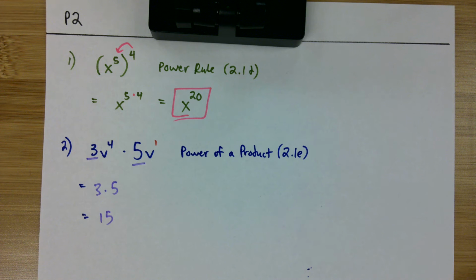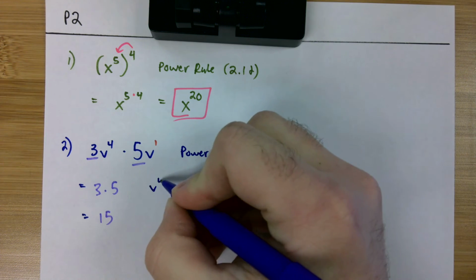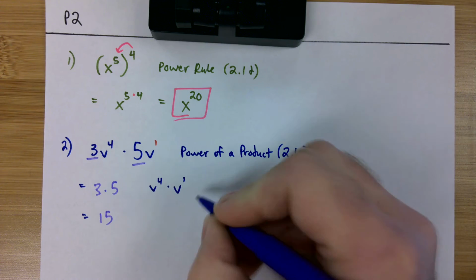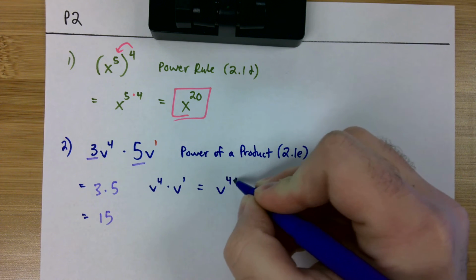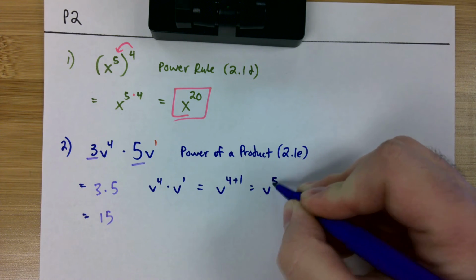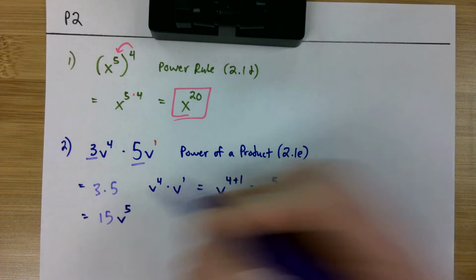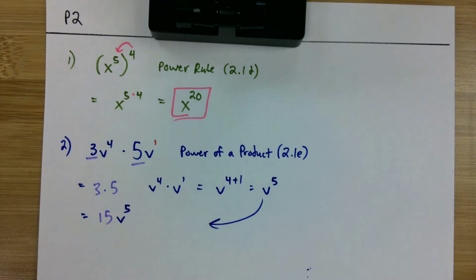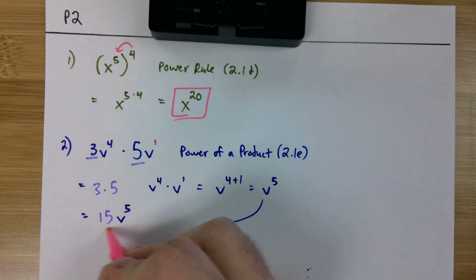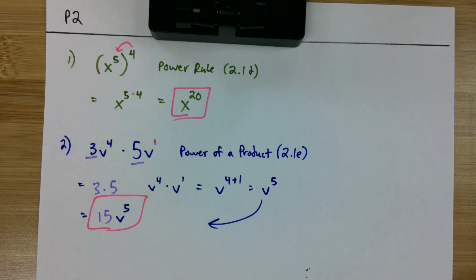That would be if we maybe added our coefficients together, which is not what you want to do. So now it's just v to the 5th versus v to the 4th. If we have v to the 4 times v to the 1st, we just have to add those exponents up, and we get v to the 5th. 15v to the 5th.